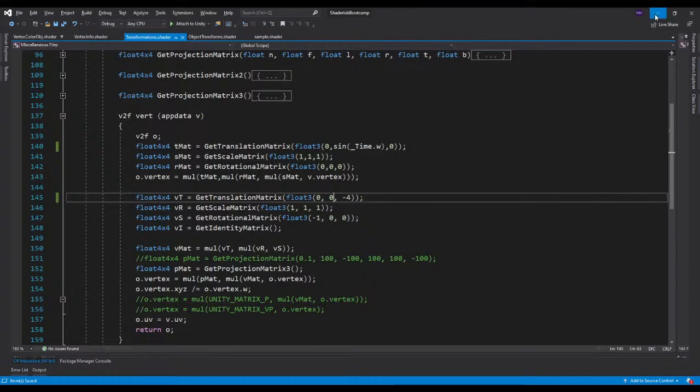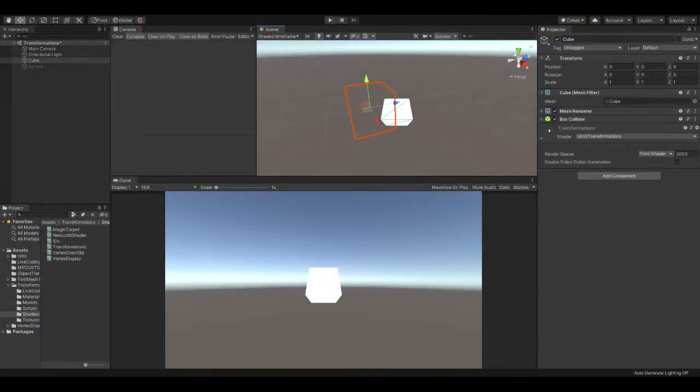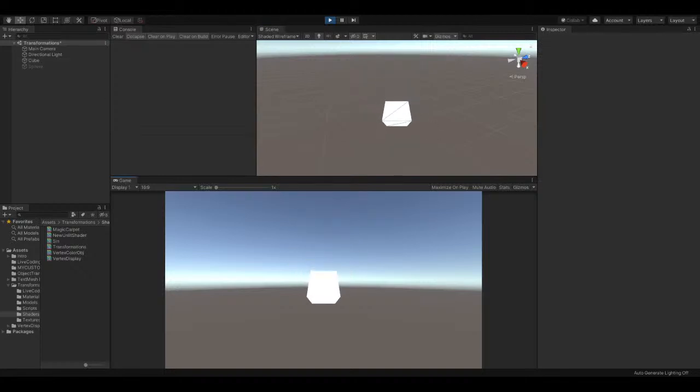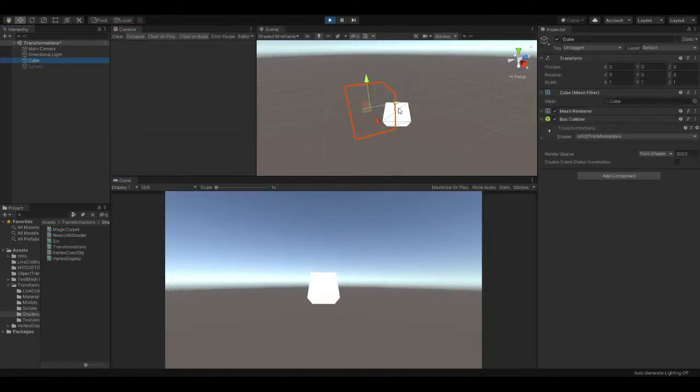So if I jump back to Unity and if I hit the play button, you see it is moving in the y direction. All right, it is moving in the y direction, but the transformation is applied in the world space. Okay, so in the world space it is moving in the y direction.